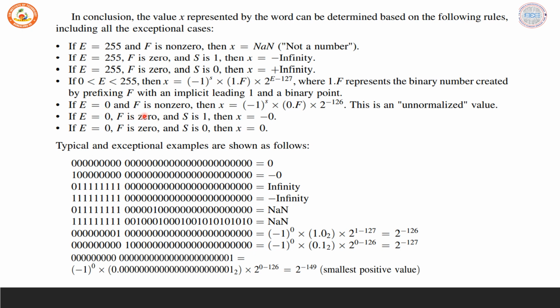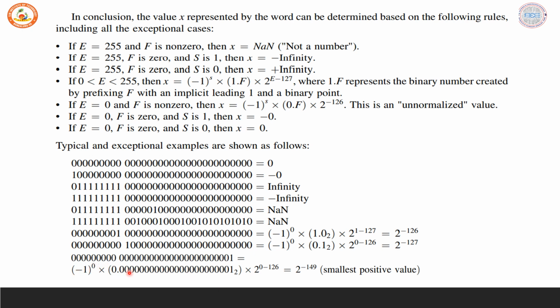If E value is 0 and F is non-zero, then X will yield this particular value. This is an unnormalized value, and so on. And here are some situations showing these exceptional cases where we got the answer as 0, minus 0, infinity, minus infinity, not a number, etc.